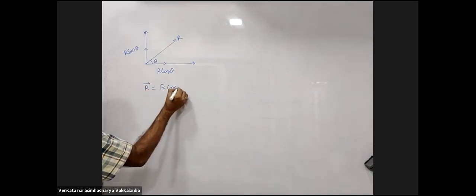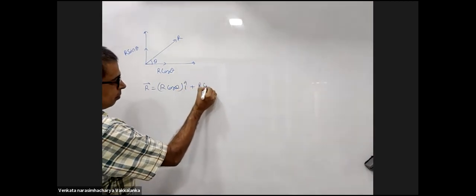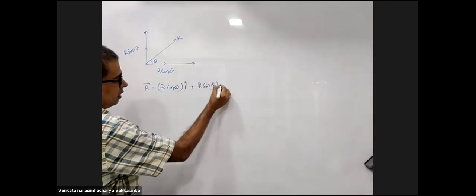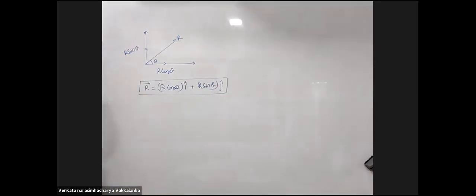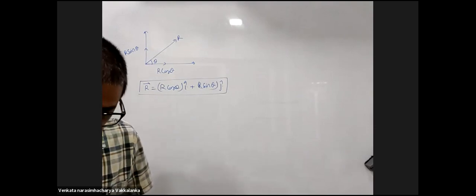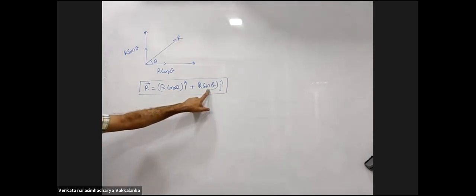So hereafter you will write this as R cos theta i cap plus R sin theta j cap. Do you all agree with this? Yes, sir. Coefficient of i cap is the x component, coefficient of j cap is the y component.